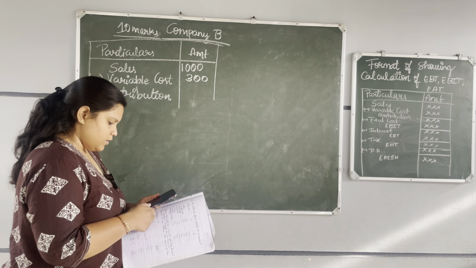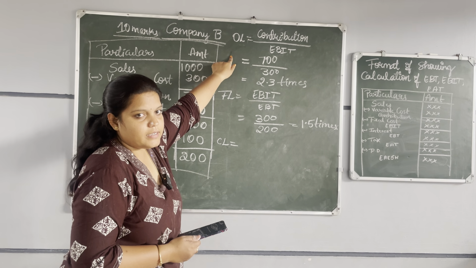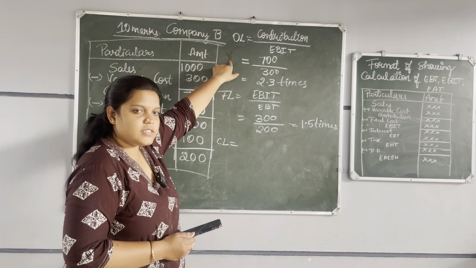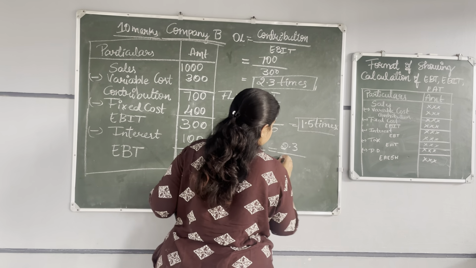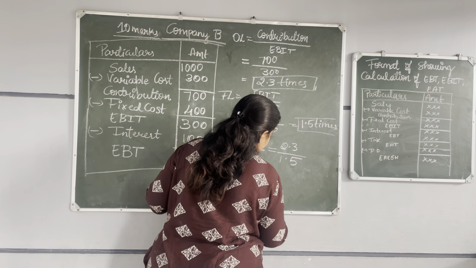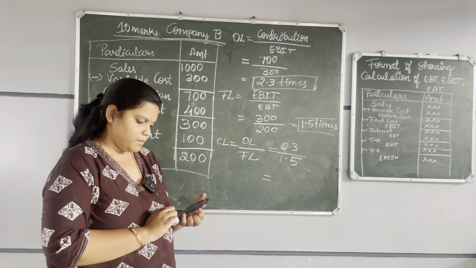Next, the last one is combined leverage. What is the formula? I said it at that time: we have to divide these two. Operating leverage divided by financial leverage. Operating leverage is 2.3, divided by financial leverage 1.5. Please take a calculator and do the calculation.